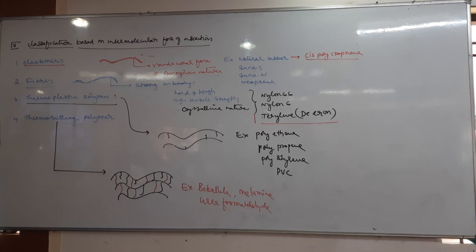Thermoplastic polymers. These are linear or slightly branched chain polymers, capable of softening on heating and hardening on cooling.